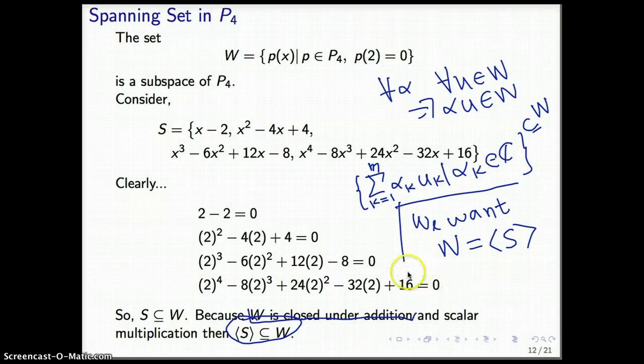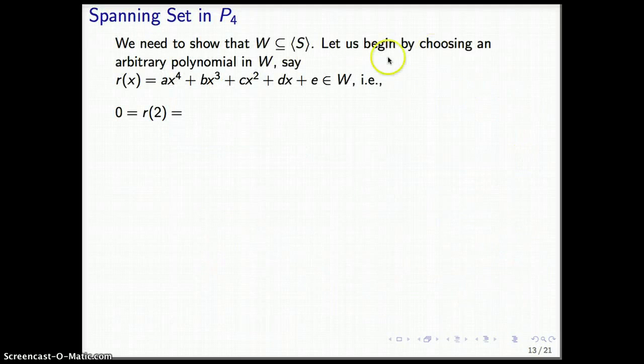And so what we managed to do first is to show that the span of S is contained in W. The span of S is a subset of W.